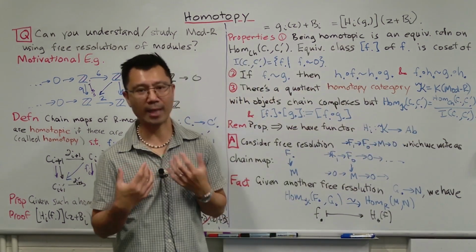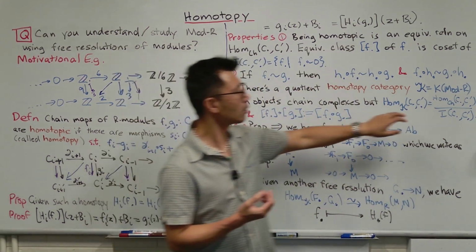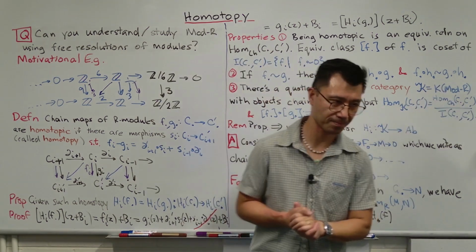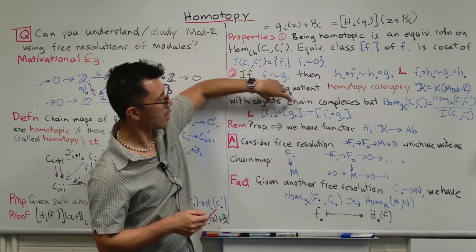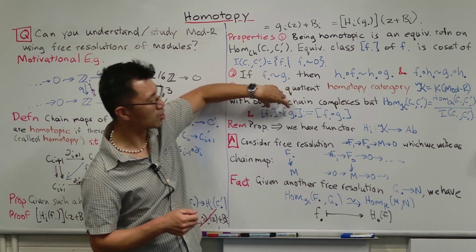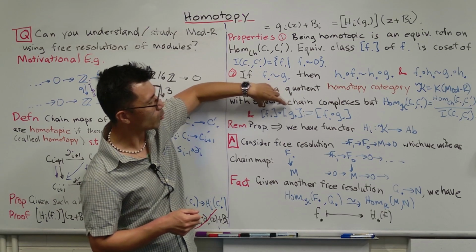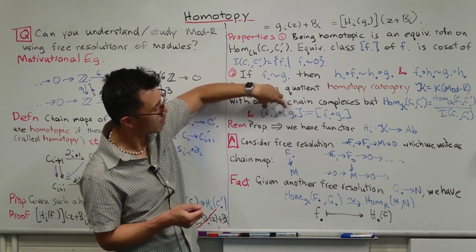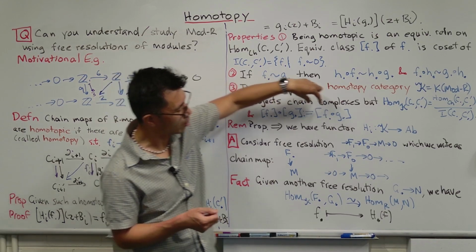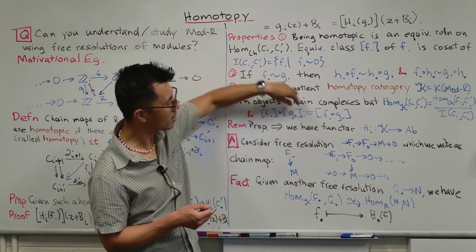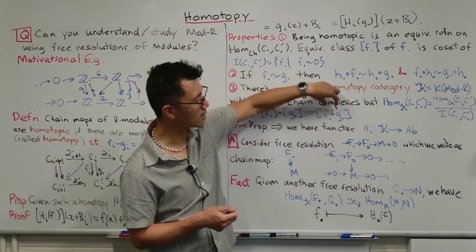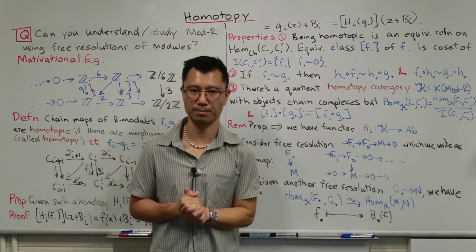Now, if we want a category, we need to be able to compose elements inside here. So what happens if you try to compose two equivalence classes? What's the definition of that, and when can you compose them? You can compose them when this F dot and G dot are composable as chain maps. And what we'll do is define this composite to be just the equivalence class of F dot composed with G dot.